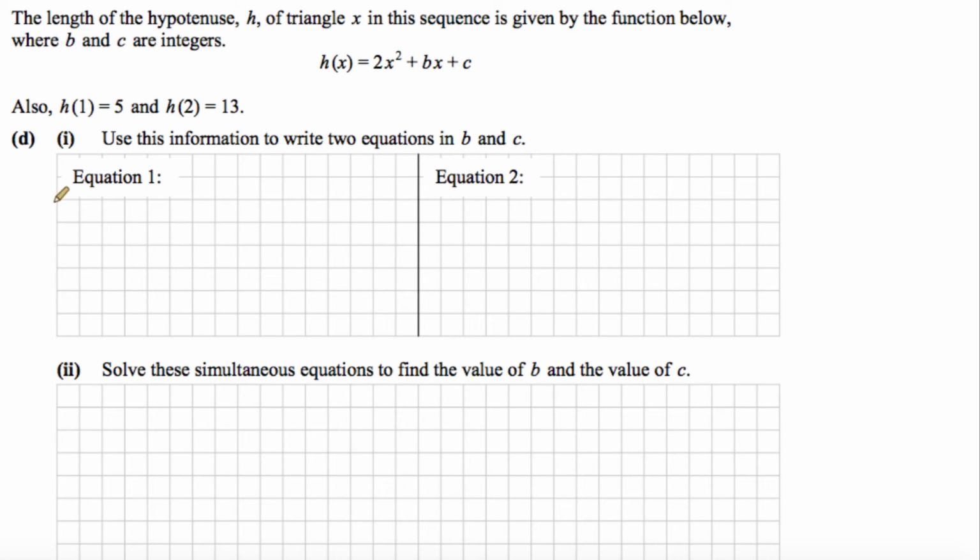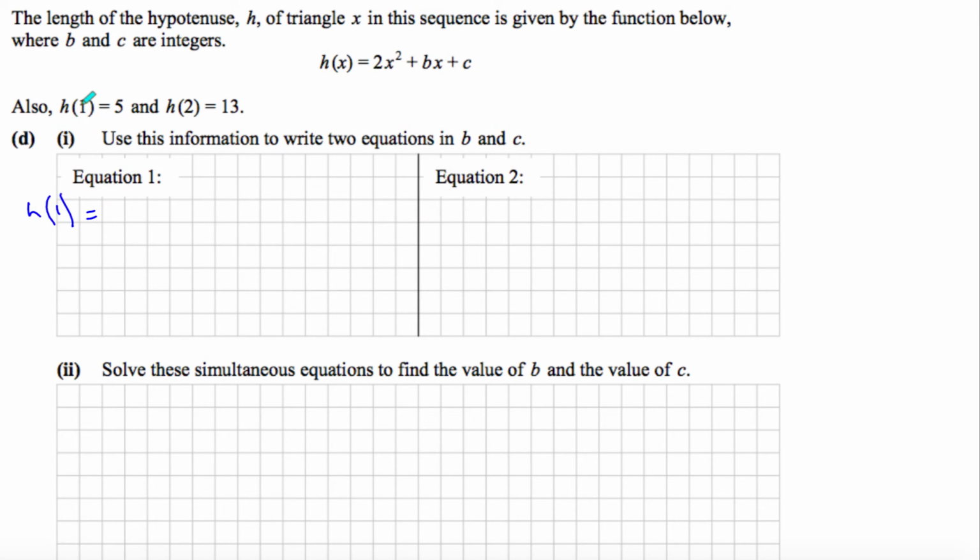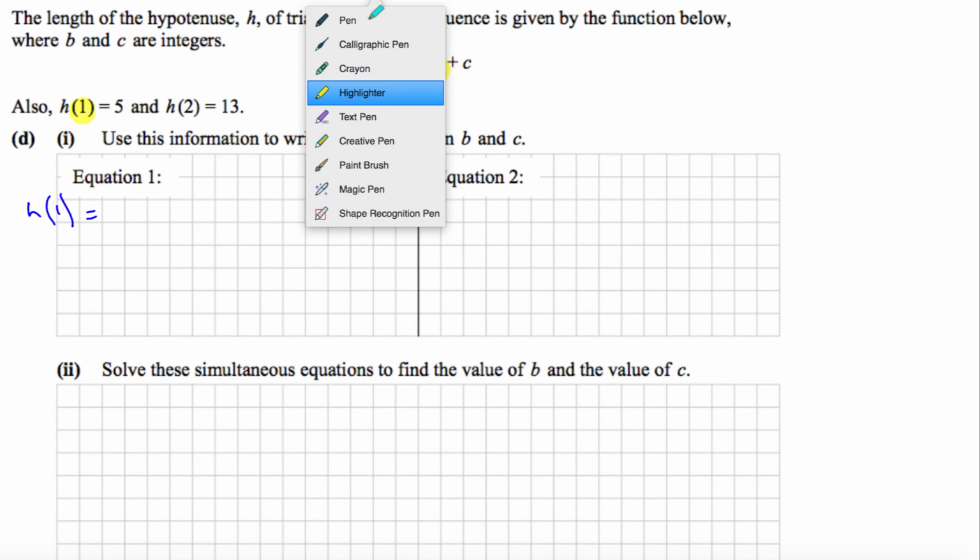Okay, so we're going to try and use this information here. So h of 1 will be equal to, what we're doing here, just to be clear, we're replacing the x. H of x is 2x squared plus bx plus c. So we're replacing these x's here with the 1 in the first instance.